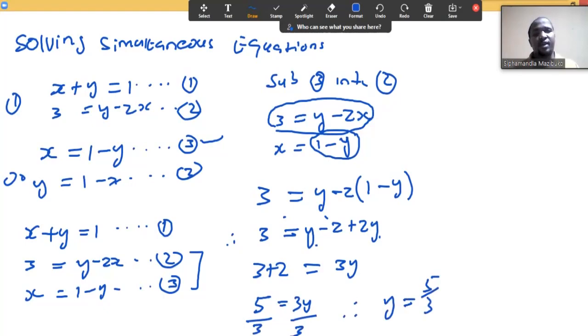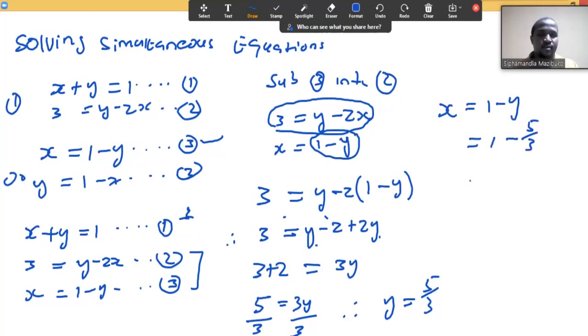But we still have to find our x. To find x, because we got y, we have to come back to our equation 1 where we started. So we have x is equal to 1 minus y. We know that our y is 5 over 3.